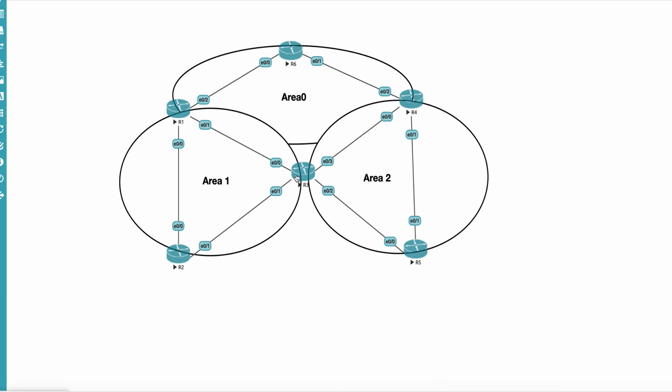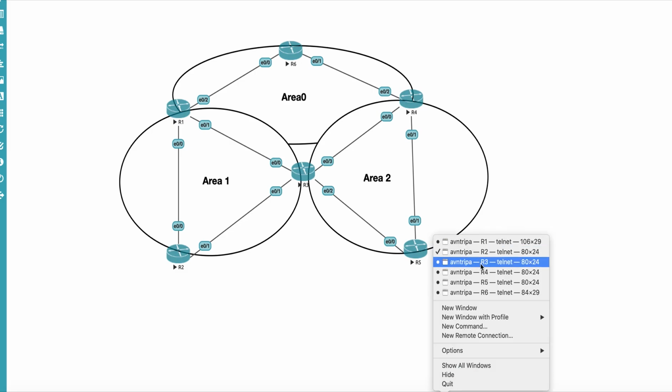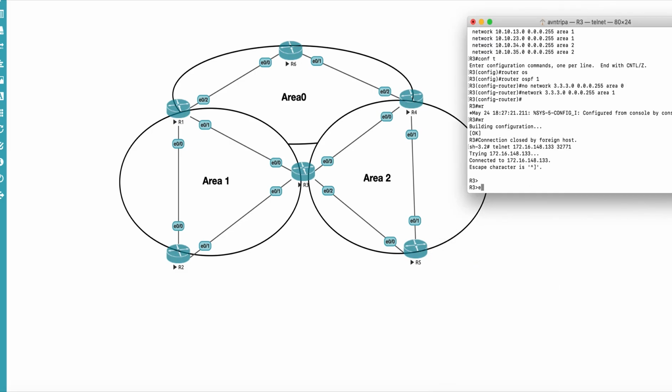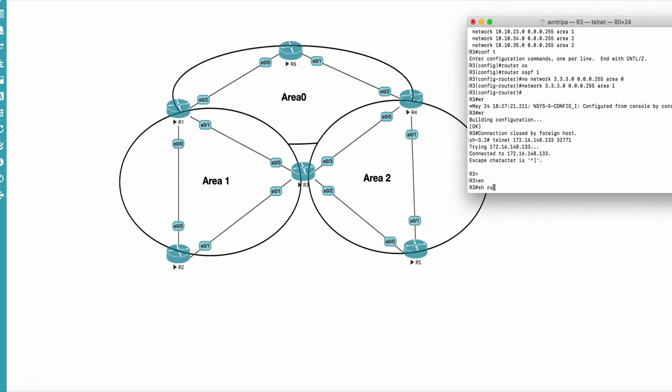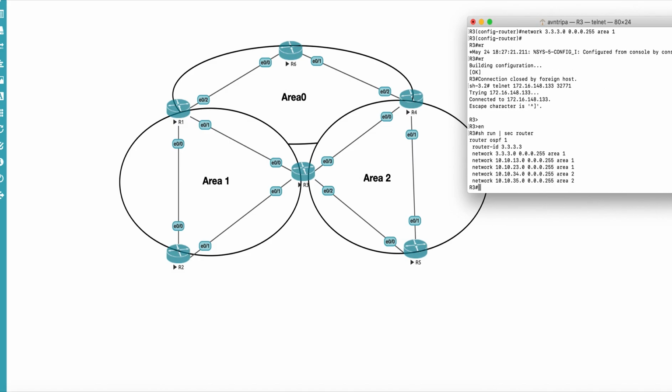Though R3 is present between area 1 and area 2, it is not an ABR. Why? Because it does not have any interface in area 0. So let's check that. We can see it is not an ABR. We have already seen that it is not an ABR. It does not have anything in area 0.